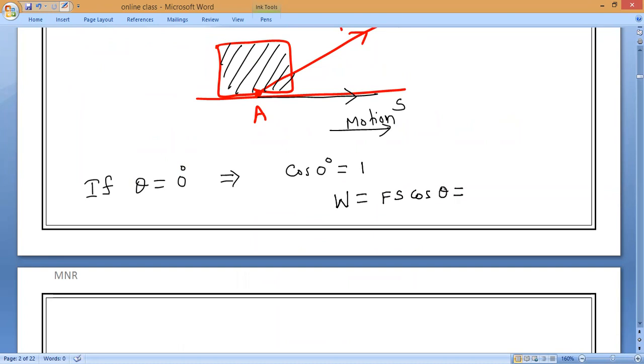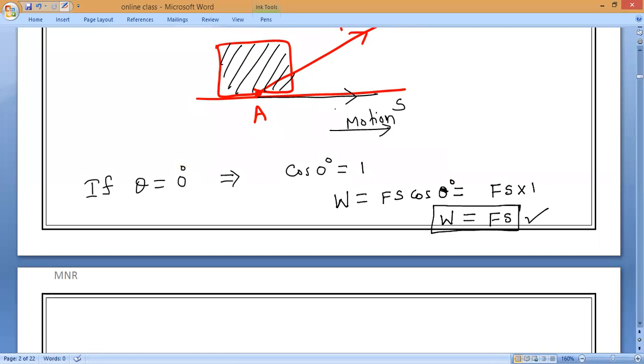Theta is 0 degrees, so Fs cos 0, which is F into S into 1, because cos 0 is 1. So finally work done is equal to force into displacement. This is what we have in class 9 for your NCERT. Are you clear, everyone? Any doubt?